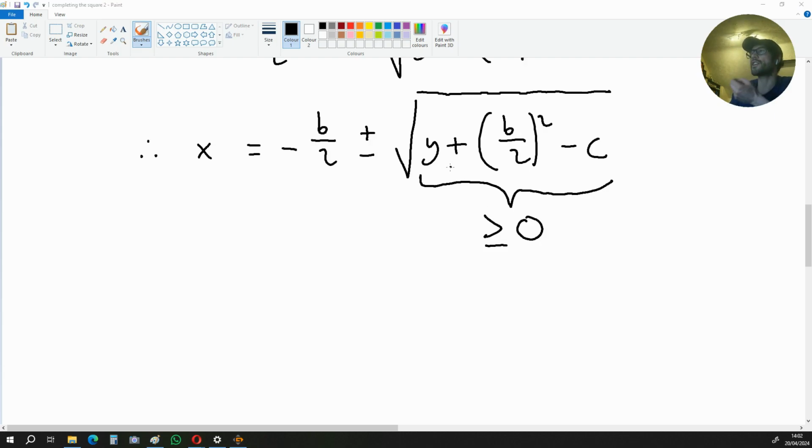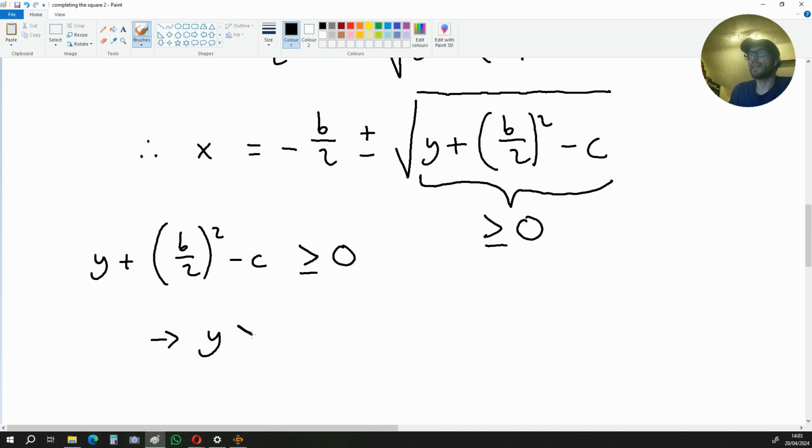So the logic tells us that y plus b over 2 squared minus c has to be greater than or equal to 0.